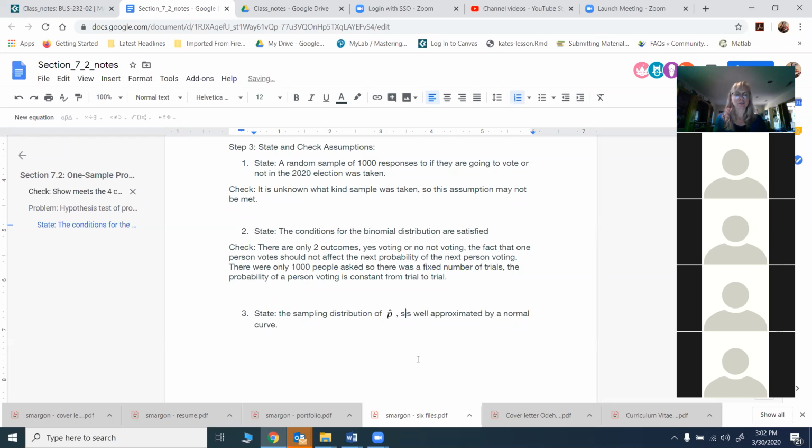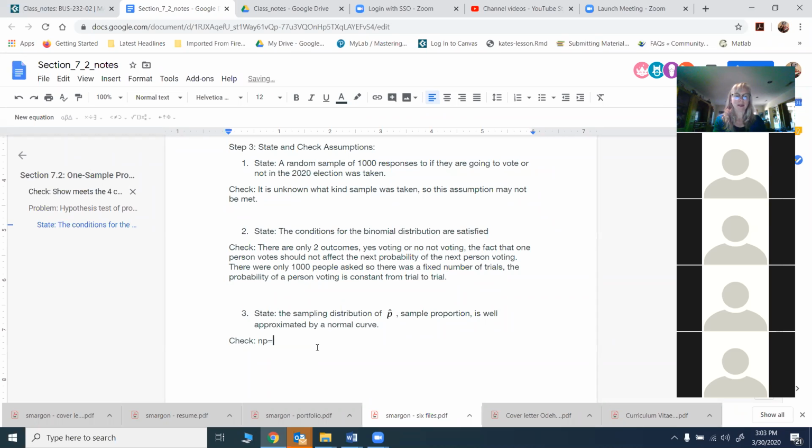So remember that p hat is your sample proportion. It's what we get from our sample. And the way we check this one is we look at your sample size times what H0 says p is. And this is the purpose for H0. H0 tells you what p is equal to.